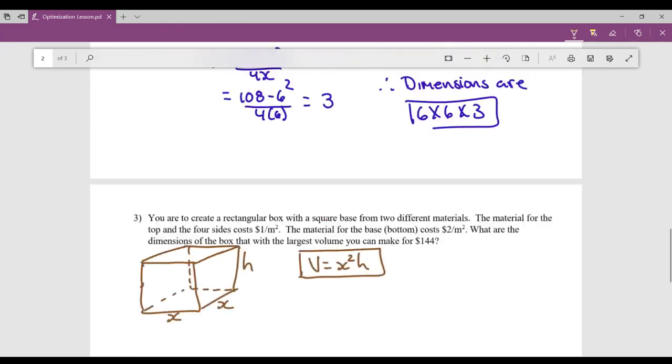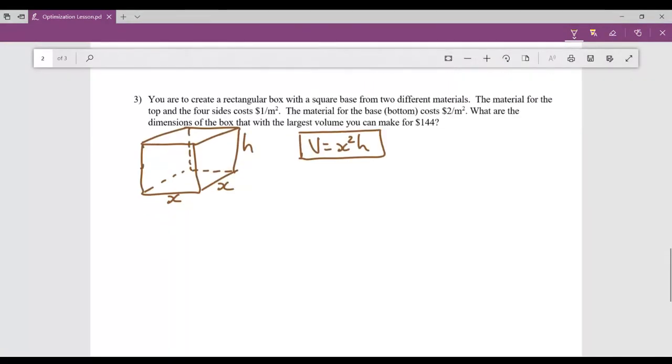If we look at cost, cost is going to be the material for the bottom, which is $2 per square meter.